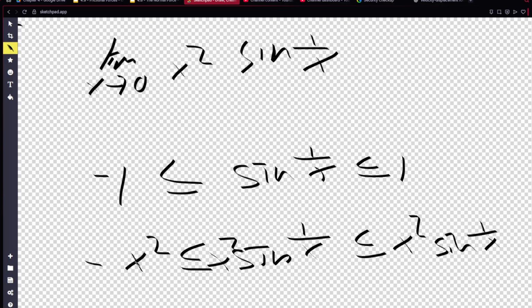The limit as x approaches 0 of x squared is 0, and the limit as x approaches 0 of negative x squared is also 0. So x squared sine 1 over x is in the middle, and the squeeze theorem proves that the limit of that is actually 0 as well.